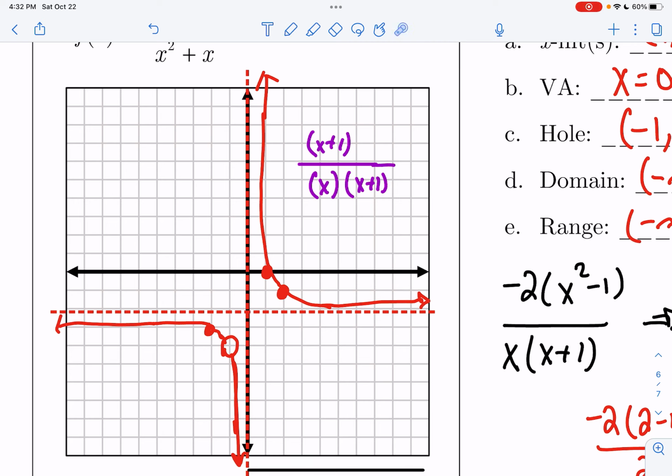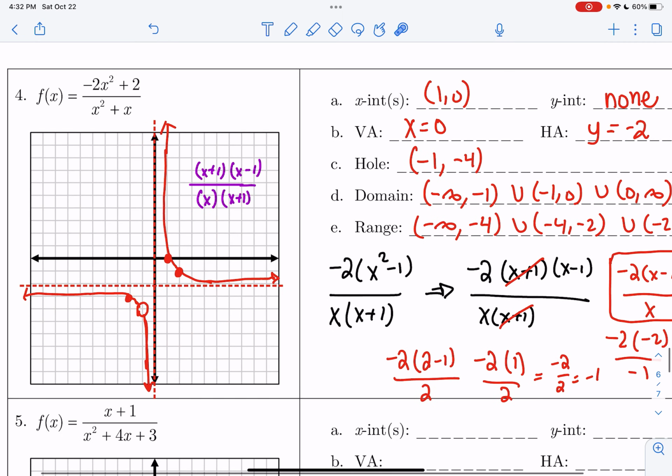I also know that because this is my x-intercept at 1, I need to have an x minus 1 on the top. Now, we're close because we already have x plus 1, x minus 1, x, and x plus 1, which is what we found right here.